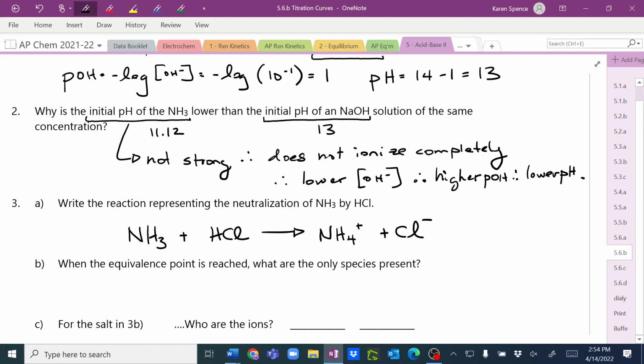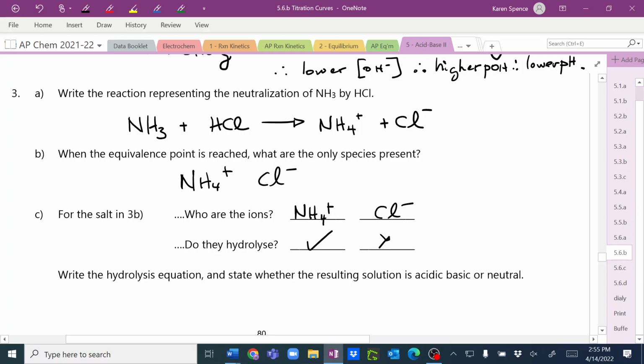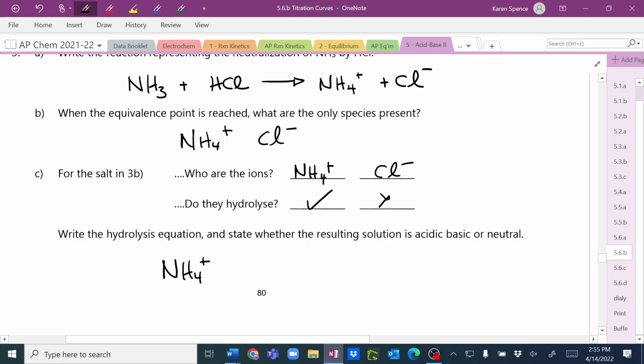NH4 plus and Cl minus. So we ask ourselves, who are the ions? They are NH4 plus and Cl minus. Do they hydrolyze? Hydrolysis equation. We've done this already. NH4 plus plus H2O gives NH3 plus H3O plus. Is that acidic, basic, or neutral? It is acidic.